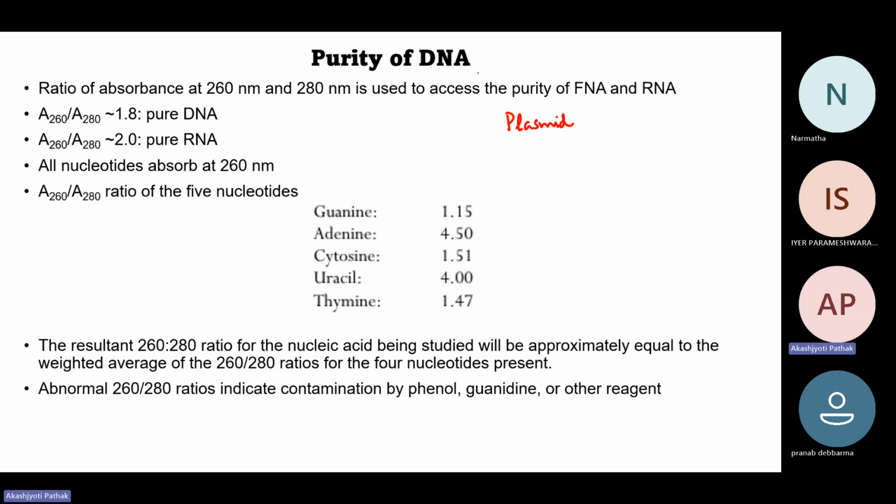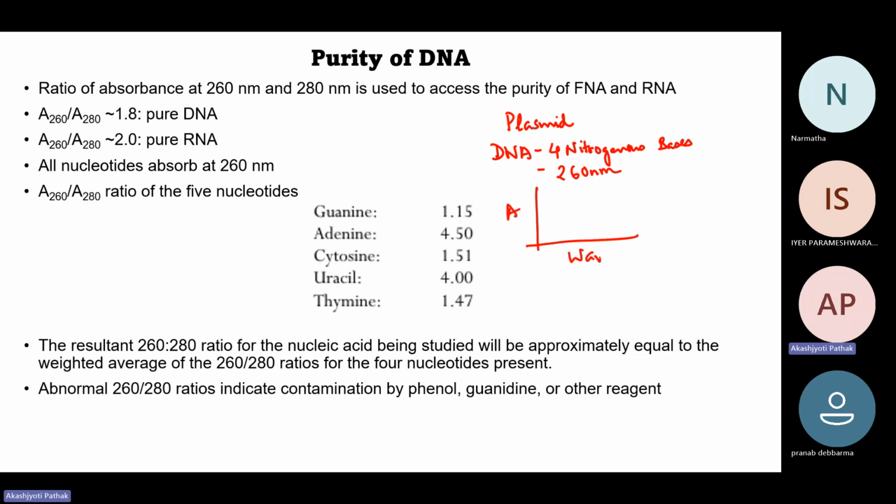So the DNA is composed of four different nitrogenous bases, right? These four different nitrogenous bases, or these nucleotides, absorb very strongly at 260 nanometer. So if you take the absorbance in a UV visible spectrometer, you will see that these DNA molecules give a peak at 260 nanometer.